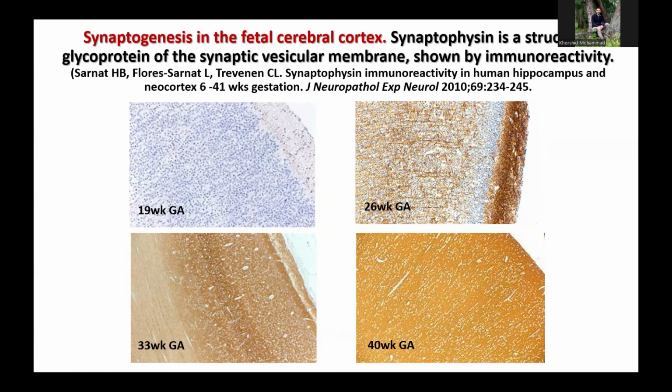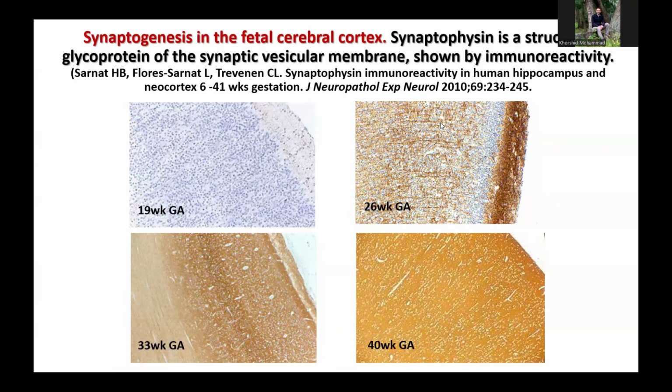Well, again, if we look at synapse formation in the cortex, in the cortical plate at 19 weeks, mid-gestation, you really see no synapse formation yet within the cortex. Only a little bit in the molecular layer of the Cajal-Retzius neurons would be the only activity that's seen. By 26 weeks, you see strong activity in the molecular layer, no synapse formation virtually in layer 2, and you have some synapse formation in the deep layers of the cortex.